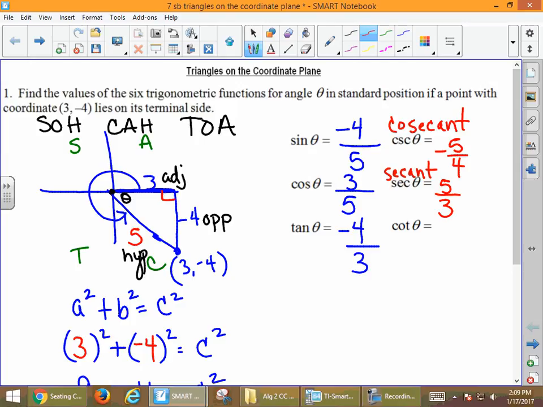And the reciprocal of tangent is called cotangent. I'm going to write it underneath because I'm running out of room. It's cotangent, but it's the reciprocal function. So our tangent value is -4/3. The reciprocal of that is going to be -3/4.